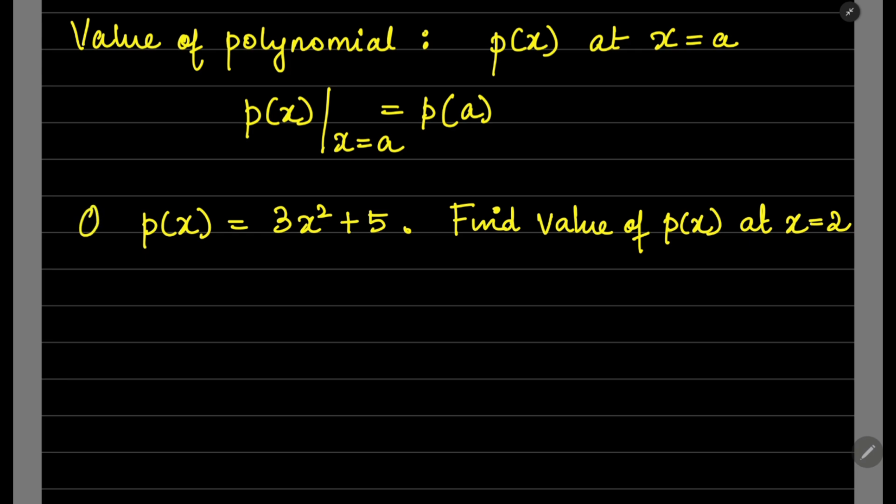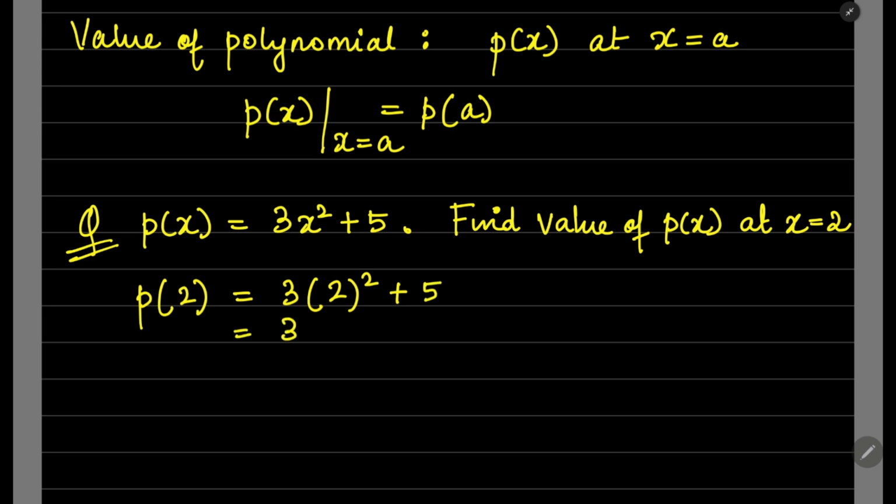I have given you a polynomial. It's a binomial, right? It has 2 terms and the degree is 2, which means it's a quadratic polynomial, binomial and a quadratic one. So you have to find the value of p of x at x equal to 2. Just substitute 2 in place of x. So the whole of this polynomial becomes 3 into 2 square plus 5.